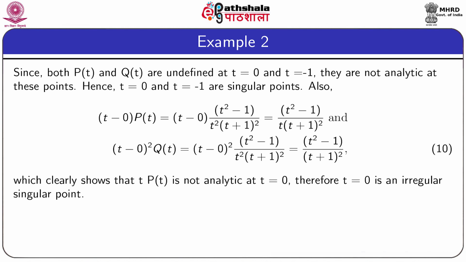From 10, it is clear that t Pt is not analytic at t equal to 0, because if you put t equal to 0 in this particular expression, this becomes undefined, and hence t equal to 0 is an irregular singular point.